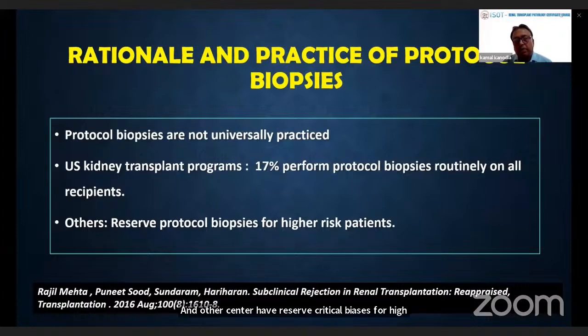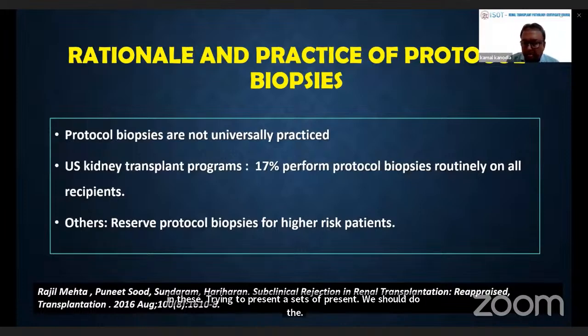High-risk patients are those who had cross-match positivity before transplantation or have elevated PRA levels. These patients have higher chances of developing rejection early after transplantation, so centers believe we should go for protocol biopsies in this set of patients.